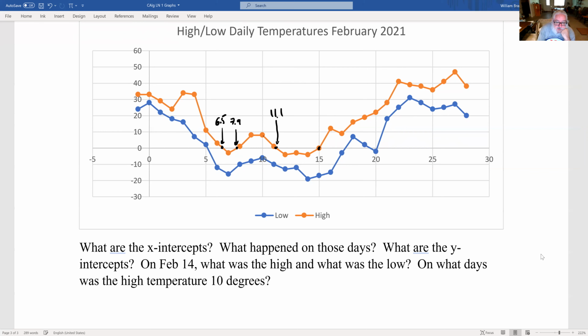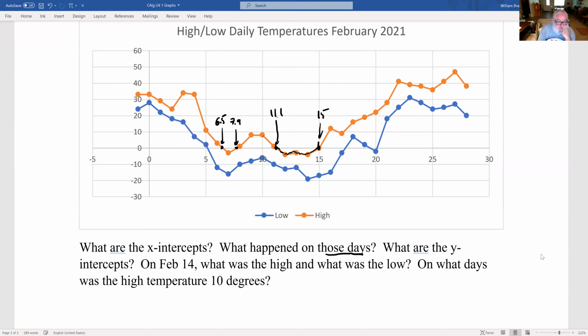We'll say 11.1 up the 15th. Right, and so what happened on those days, that's when your high was equal to 0. That's when the temperature hit 0. And note that in between, say, here and here, the high temperature was always below 0 on those days.